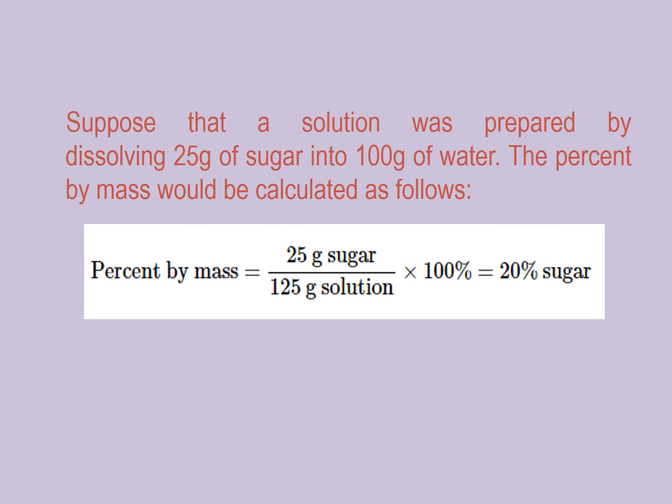So, if you divide 25 by 125, you will get 0.20. And you will multiply it by 100 so you can get the 20% of sugar, which is your percent by mass.